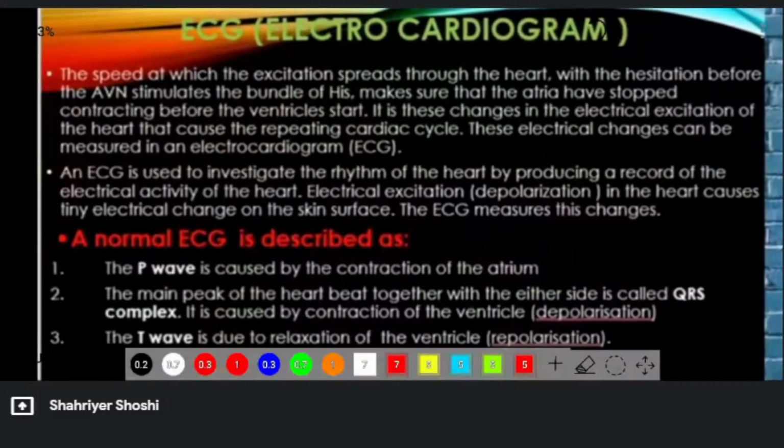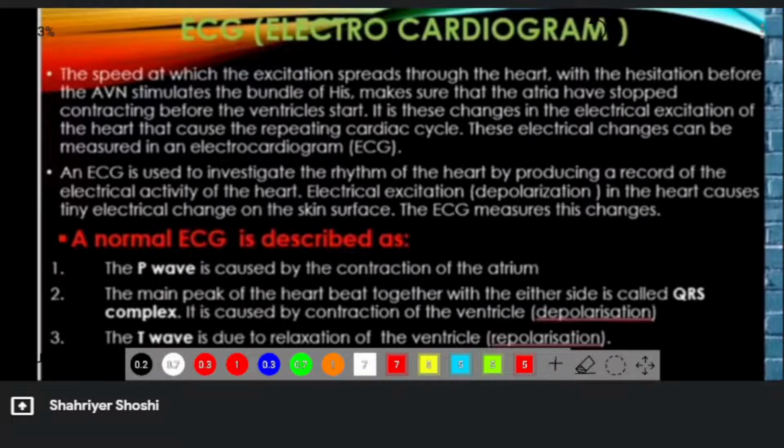That is basically an ECG, the electrocardiogram. The speed at which the excitation spreads through the heart, with the hesitation before the AVN stimulates the bundle of His, makes sure that the atria have stopped contracting before the ventricles start. It is these changes in the electrical excitation of the heart that cause the repeating cardiac cycle.